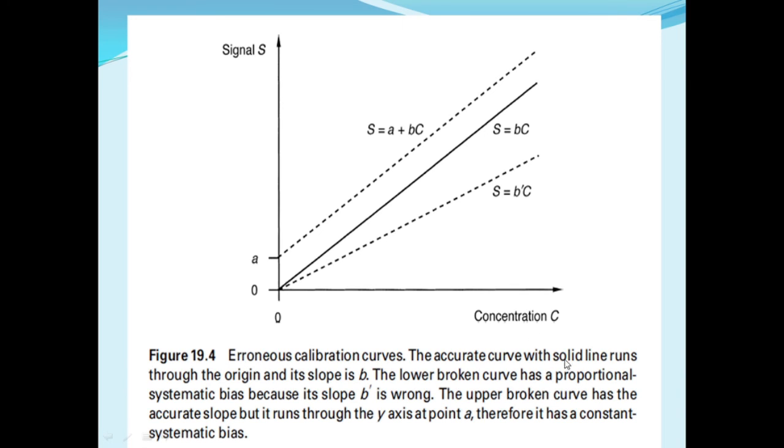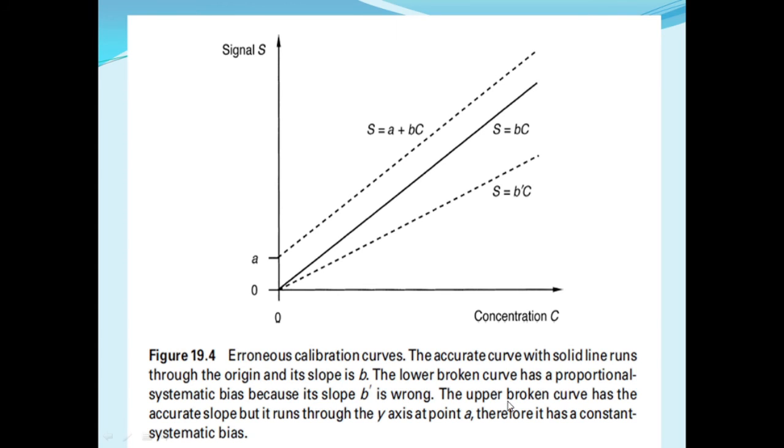The accurate curve with a solid line runs through the origin and its slope is b. The lower broken curve has a proportional systematic bias because its slope is b dash. This lower broken curve, having proportional systematic bias and slope b dash, is wrong.